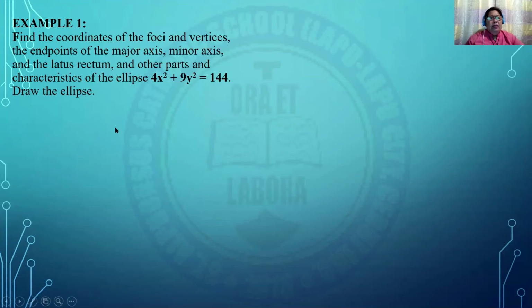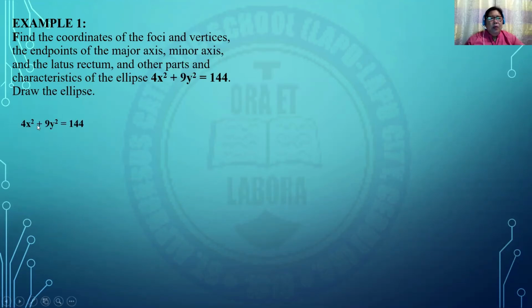Find the coordinates of the foci and vertices, the endpoints of the major axis, minor axis, and the latus rectum, and other parts and characteristics of the ellipse. Given 4x squared plus 9y squared equals 144, you have to draw the ellipse.